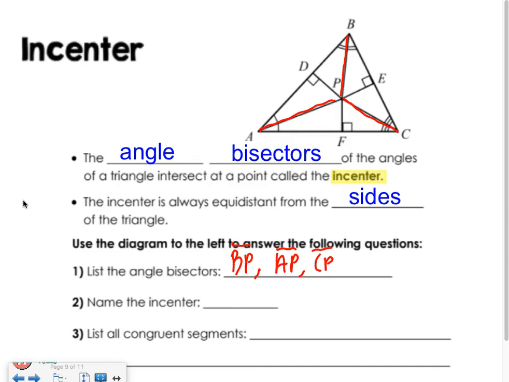Point P. Oh boy, what are our congruent segments? DP. Yep, all the middle guys. Yep. These are all equal. P and PF. All right.